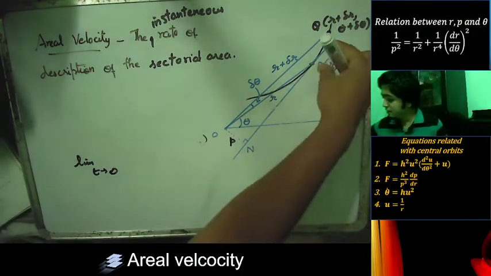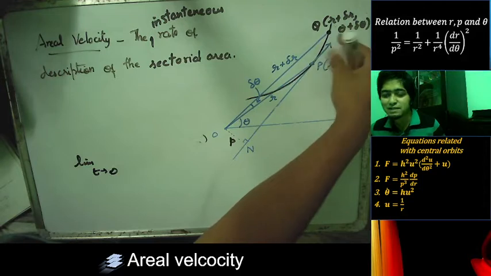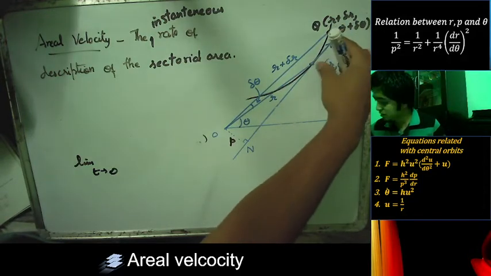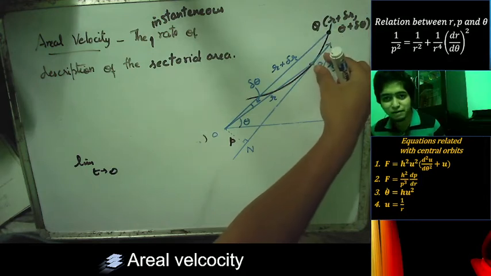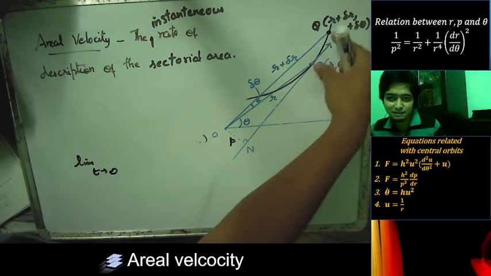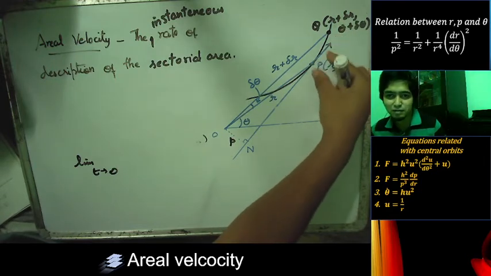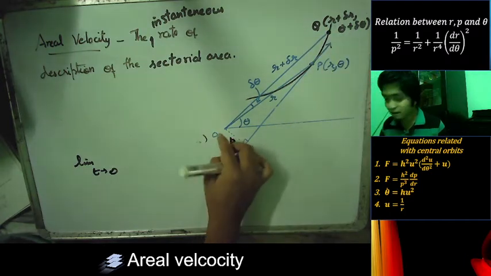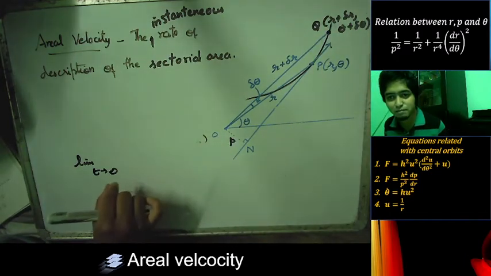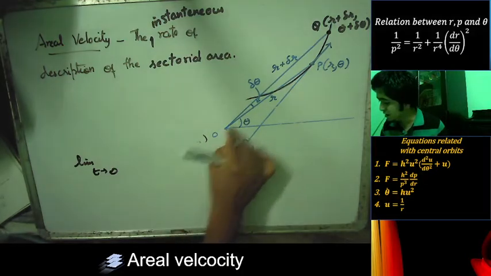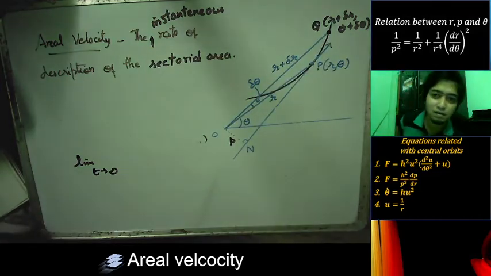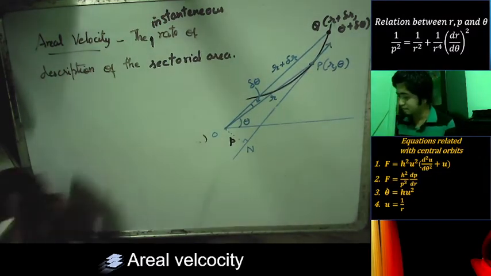So if they are very close, PQ, even though it is a curve, behaves as a straight line. And because PQ behaves as a straight line, the sectorial area over a very brief amount of time will be the area of the triangle OPQ. Okay, so let's see.